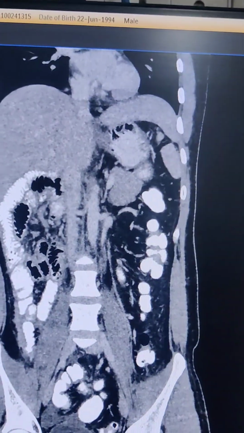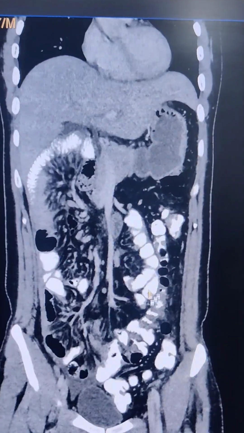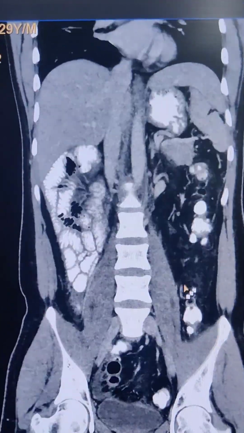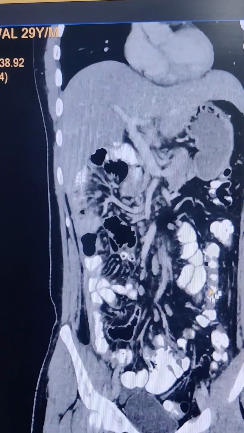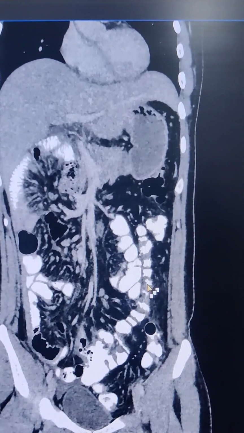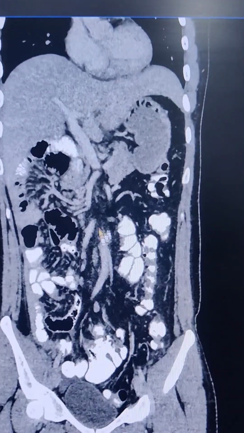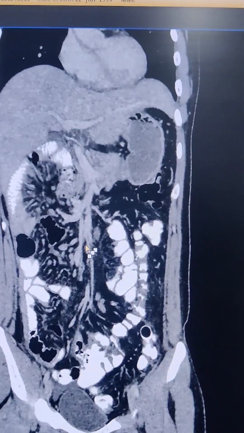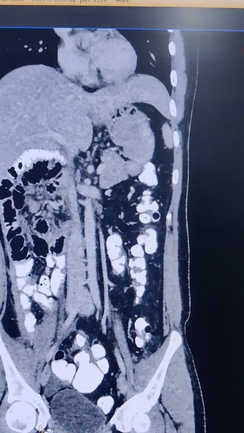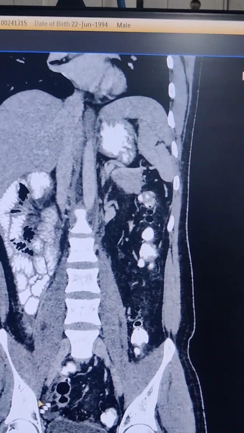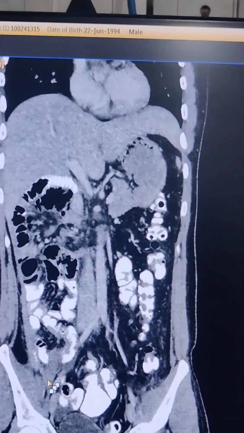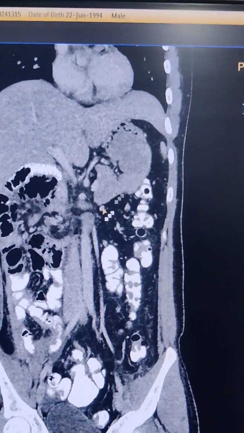Let's talk about the two most dreadful complications of non-rotation. First of all, there is a narrow attachment of the small bowel mesentery. Normally, where does our mesentery attach? It goes obliquely from the right SI joint to the left of the L2 vertebra.